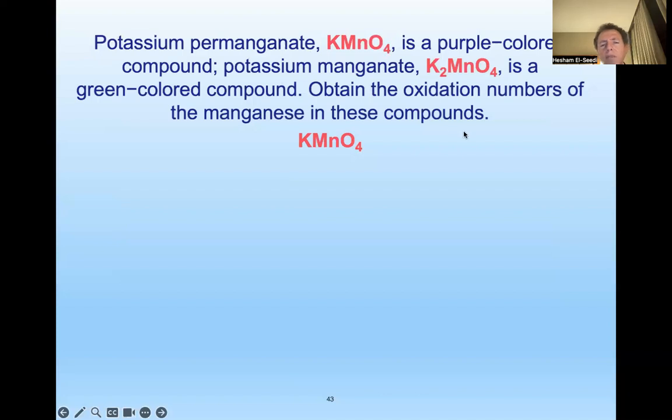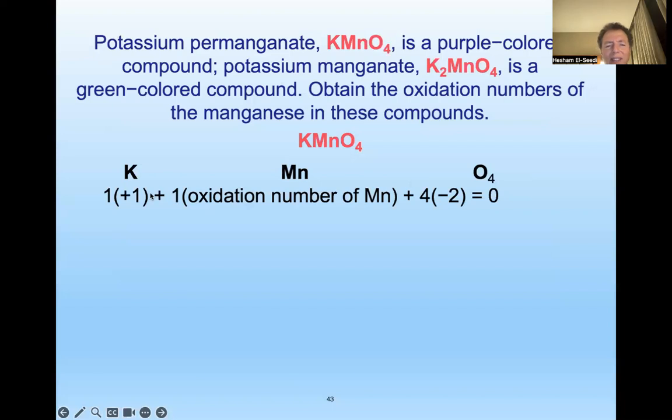If you take, for example, potassium permanganate, KMnO4, this is a purple color, right? And there is also a green color compound obtained when the oxidation number of manganese changes. So you can calculate the oxidation number in this way: K and Mn and O4. So the potassium and the manganese and then O4, right?